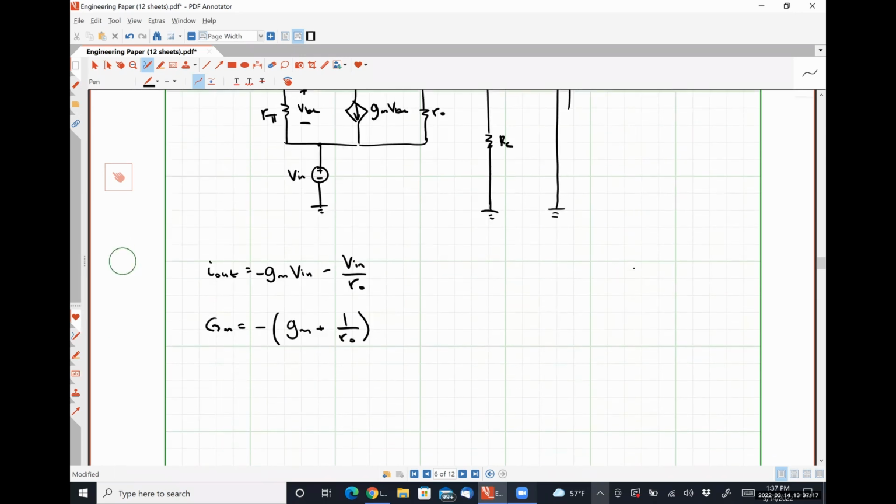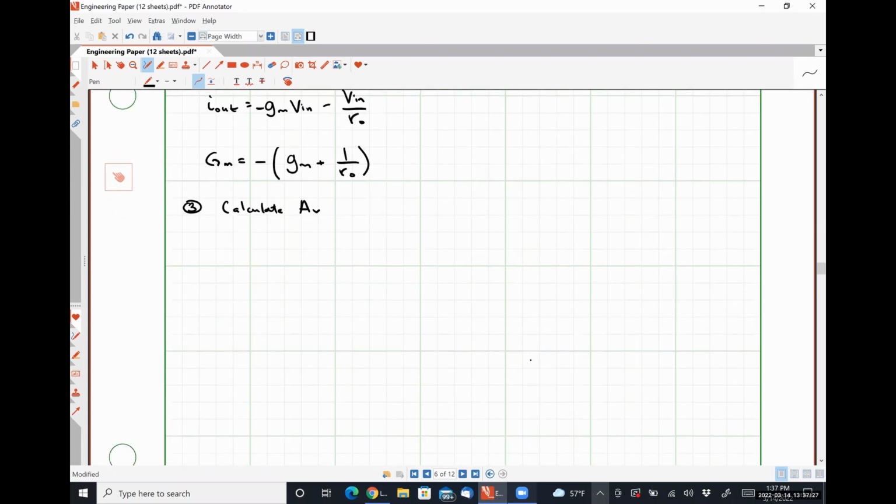From this, step 3 is to calculate our voltage gain, where our voltage gain AV is negative capital GM times R out. So that is, writing it this way, 1 over R naught plus GM times RC in parallel with R naught, which looks like RC R naught over RC plus R naught.